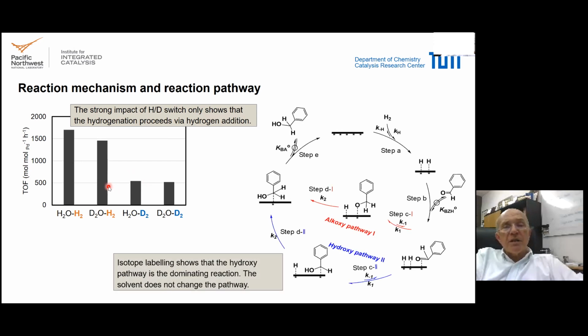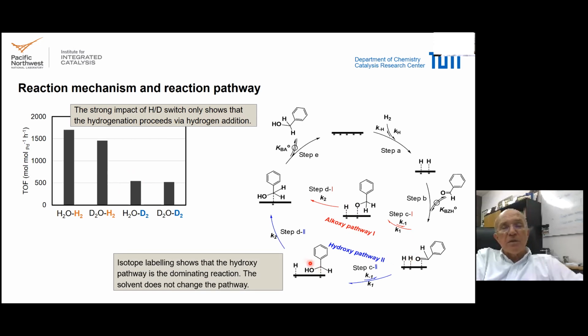Now, the next question is, where is this first hydrogen added? And we have two possibilities. We can add it to the carbon atom of that aldehyde group. That is called an alkoxy pathway, because you form an alkoxy group. Or you add it to the oxygen atom.